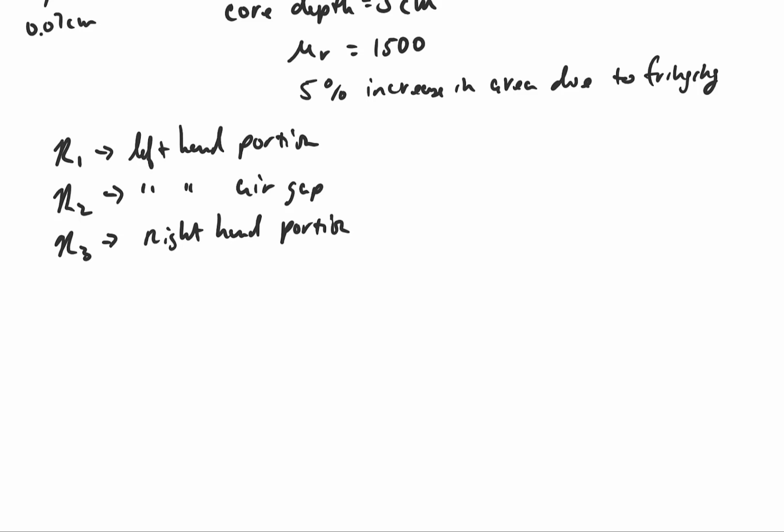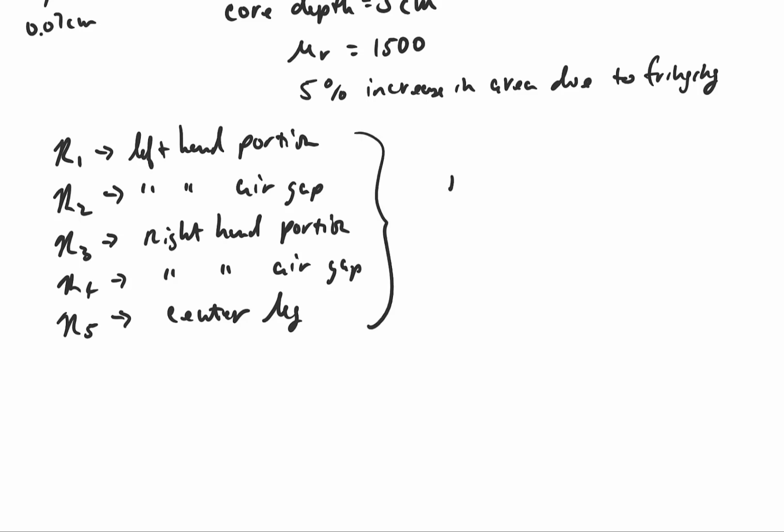R4 will be then the right-hand air gap. And R5 will be the center leg. And now the thing to do is to just compute each one of these, but I want to write an expression for our total in terms of all of these.